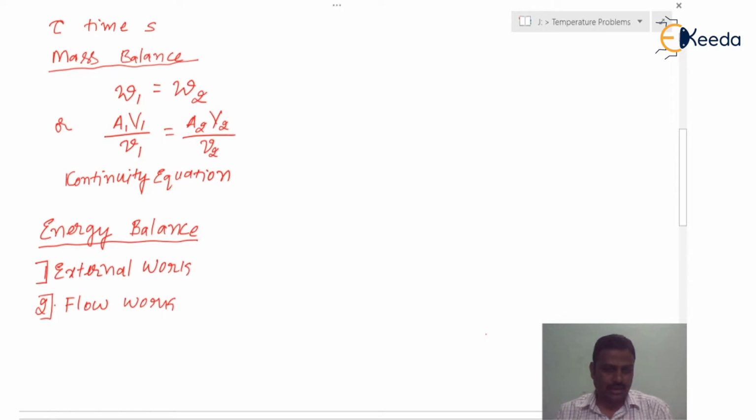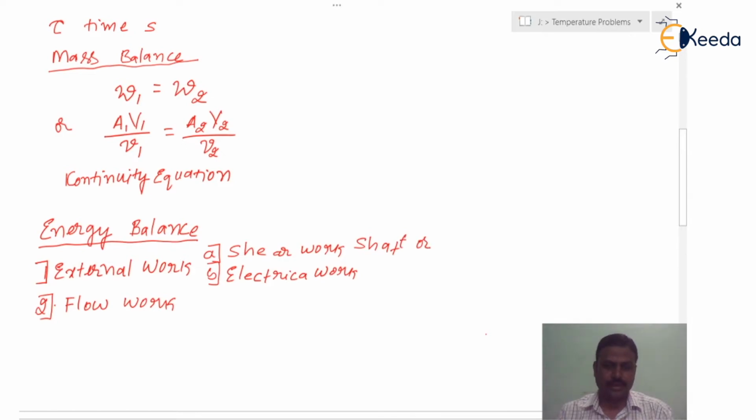External work may be shear work, and also it may be electrical work. Shear work may be shaft work, or maybe it is stirring work.